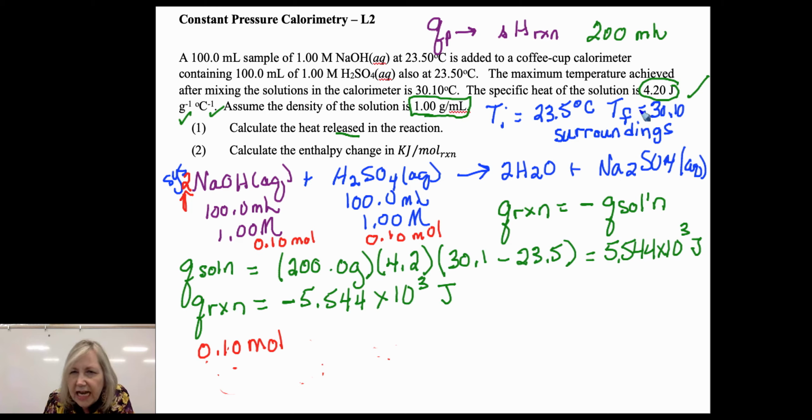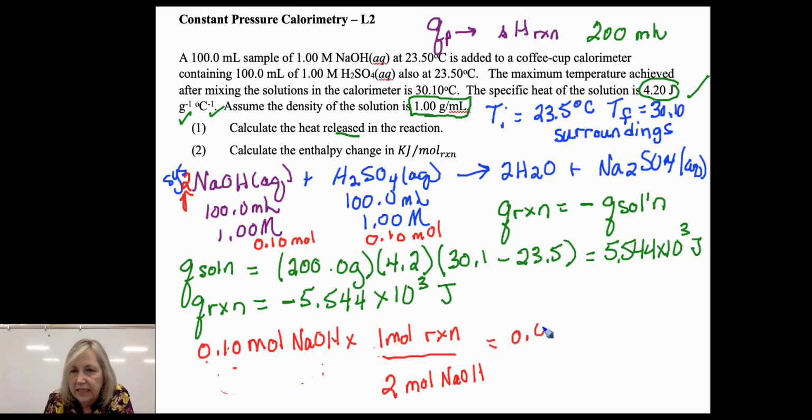I should have 2 sig figs from my temperature. So moles of NaOH times 1 mole of reaction. For every 6.02 times 10 to the 23rd times that the reaction proceeds, it will consume 2 moles of NaOH. So I have 0.05 moles of reaction.